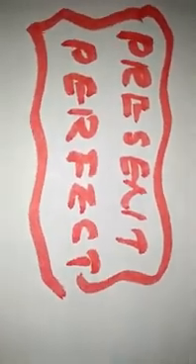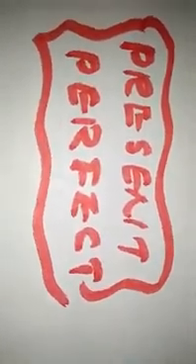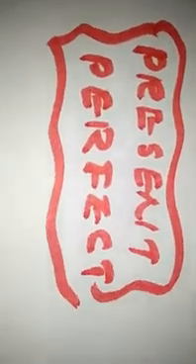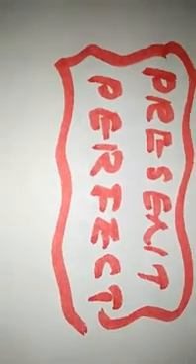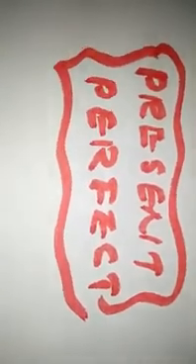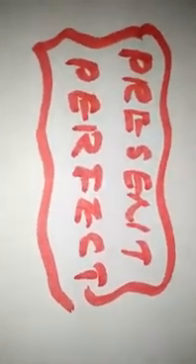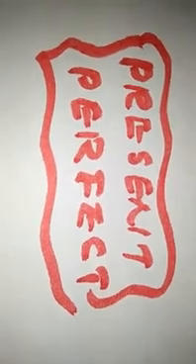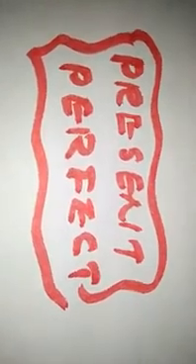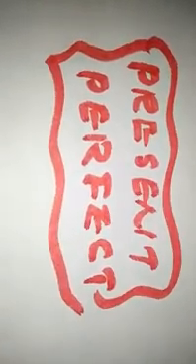I have finished painting now. And there are other uses also. It is used to indicate an action that takes place in the past and its effects continue in the present. It is also used to indicate an action begun in the past, but continuing at the present time of speaking.